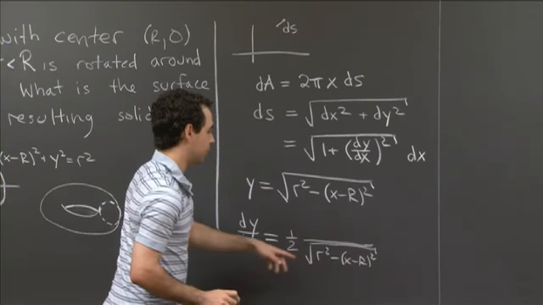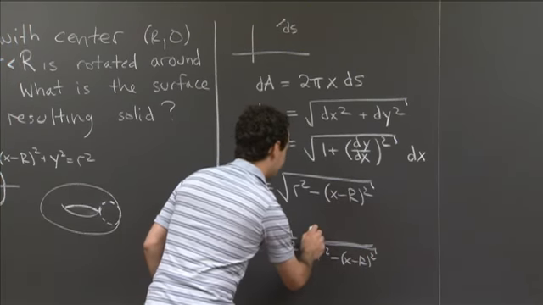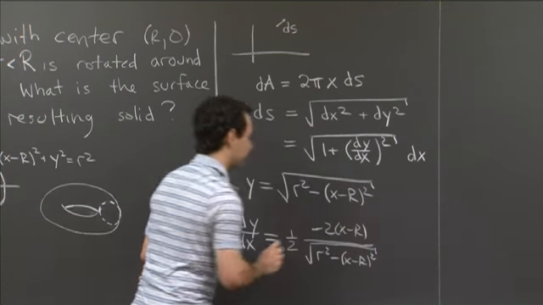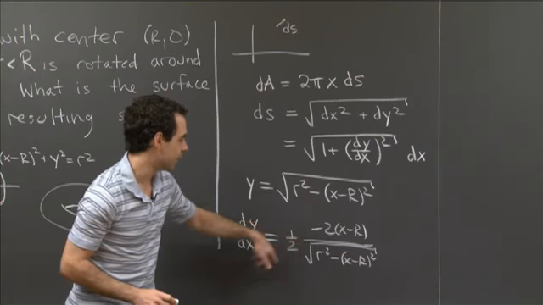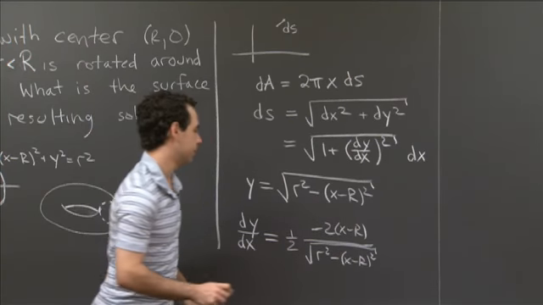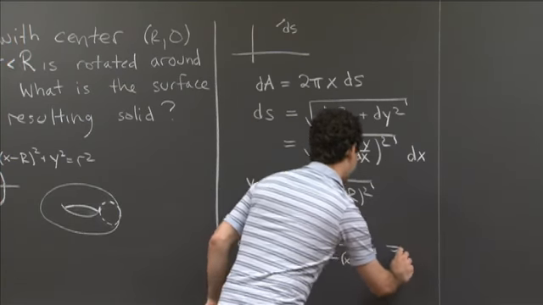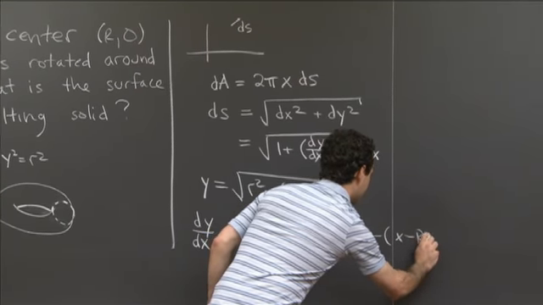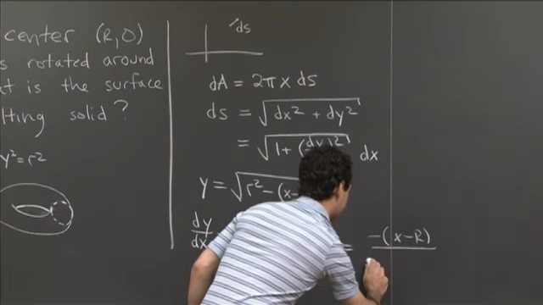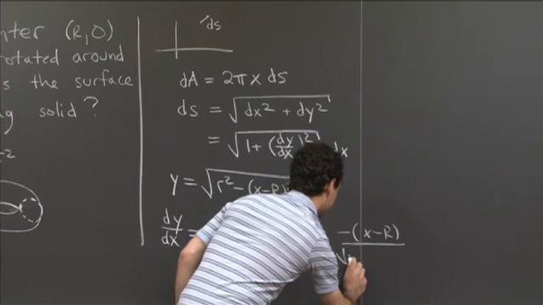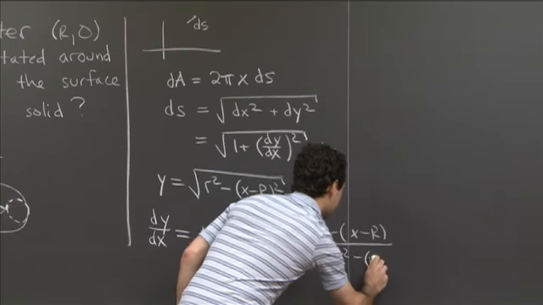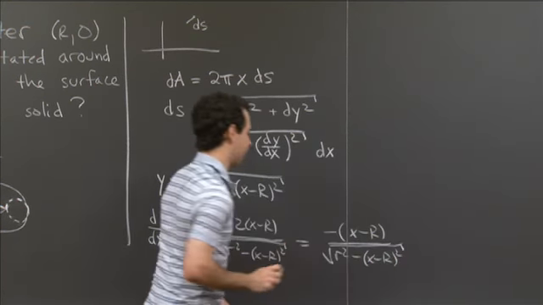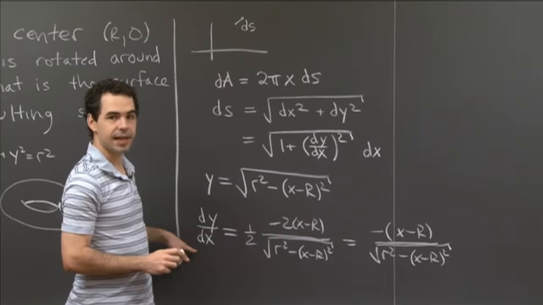And now I need to multiply by the derivative of the inside, which is minus 2 times (x minus R). The 2's cancel out, so we can rewrite this as minus (x minus R) divided by the square root of little r squared minus (x minus R) squared. OK, so that's dy/dx.